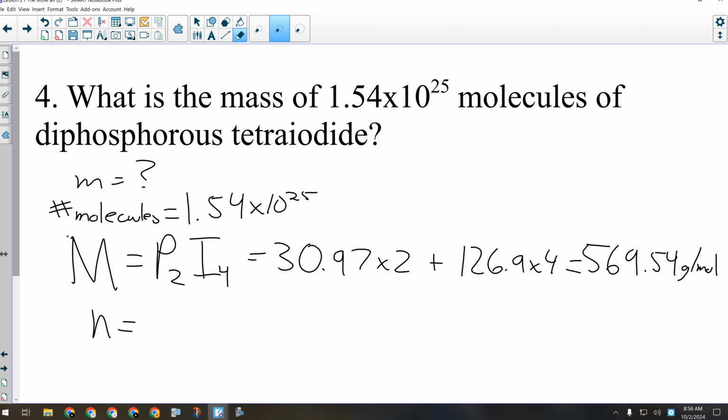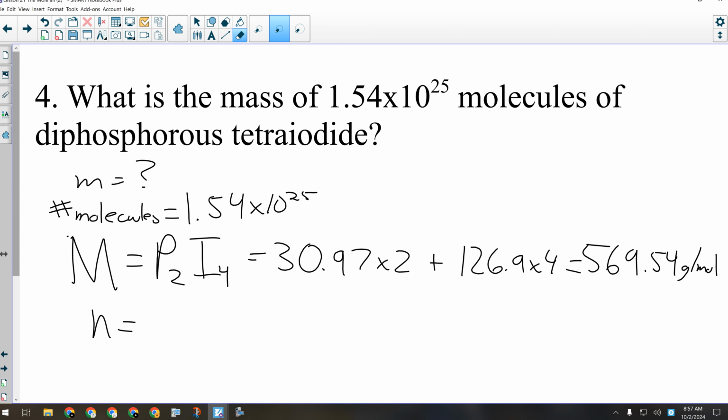Not quite. I am going to divide the 1.54 times 10 to the 25 by something. What am I going to divide it by? Can't you just multiply n by the molar mass? I don't have n though. Oh, I have to find n first. That's my next step. I'll be doing that as the last step. Yes, multiplying n by big M. Definitely that'll be my last step.